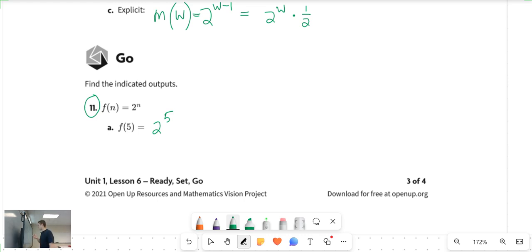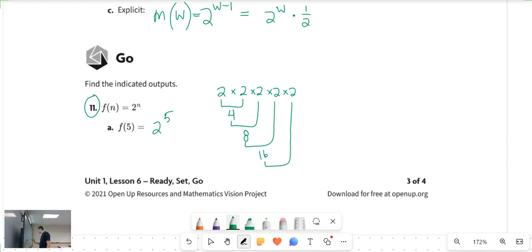So besides using our calculator, which we could do, we can just do 2 times 2 times 2 times 2 times 2. I think that was 5 of them, but let's write this out. 2 times 2 times 2 times 2 times 2. Okay, that's definitely 5 of them. All right, 2 times 2 is 4. 4 times 2 is 8. 8 times 2 is 16.